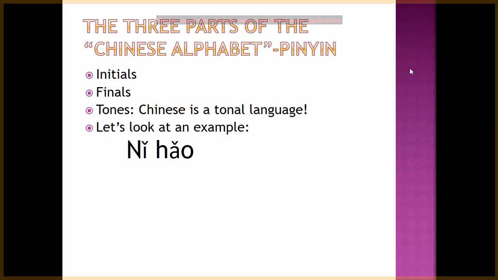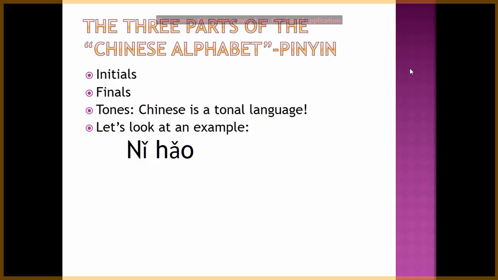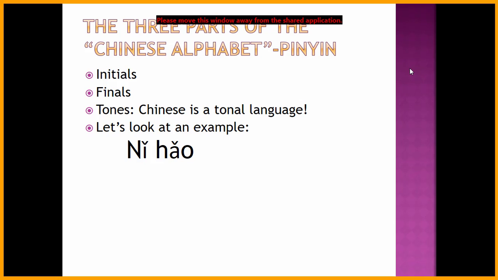Understand? Now what is the pinyin system? This is a system by which we can learn the Chinese language. It has 3 parts: initials, finals and tones.